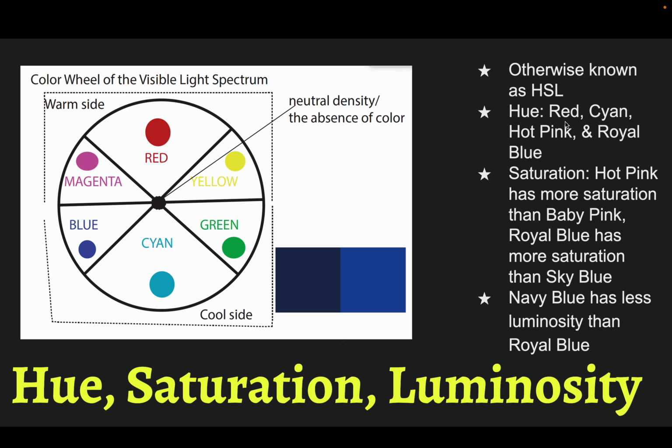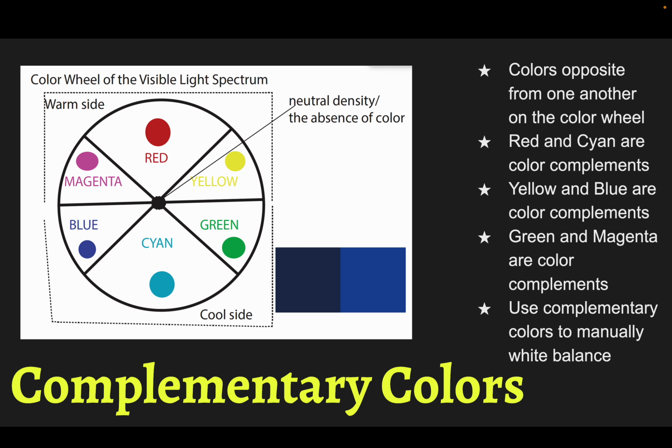Oh, I'm sorry. Yes, that's correct. I thought I was reading the other part here. Saturation: hot pink has more saturation than baby pink. Royal blue has more saturation than sky blue. Navy blue has less luminosity than royal blue.